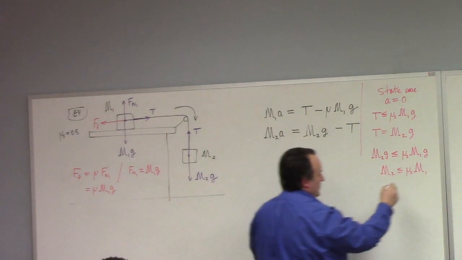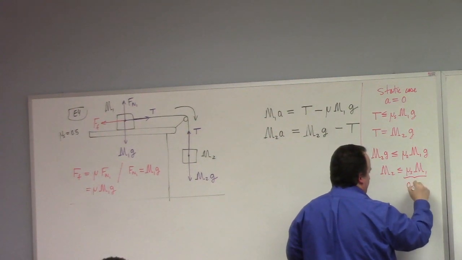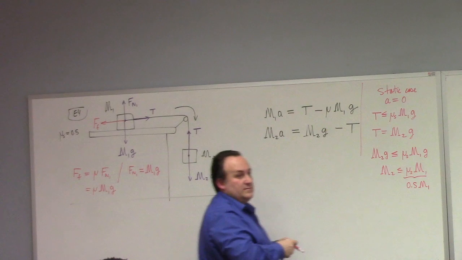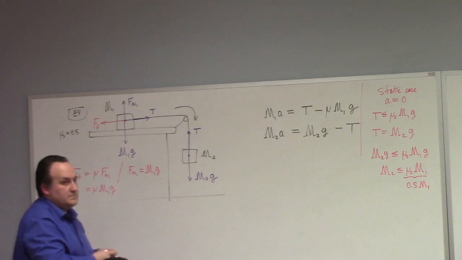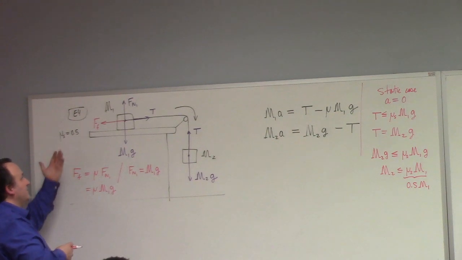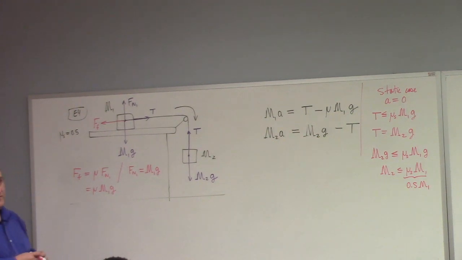This is 0.5 m1, right? So m2 has to be less than half of m1, because with the coefficient of friction being a half, you at most get half the weight as a friction force. Okay? That's the answer to the static case.